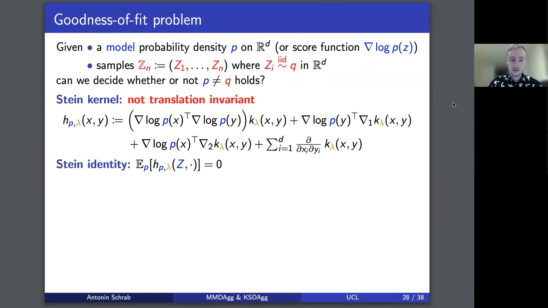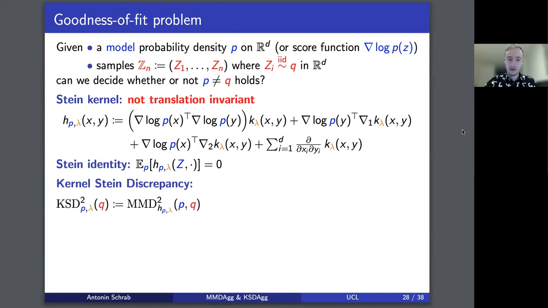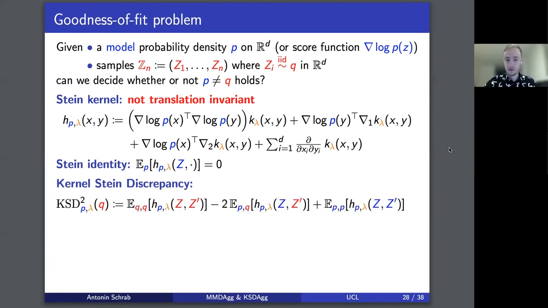The Stein kernel satisfies the Stein identity. This is just that the expectation of the Stein kernel with respect to P is equal to 0. And the kernel Stein discrepancy is simply the MMD with the Stein kernel. So we just substitute into the MMD, which has three terms, the expectations, and because of the Stein identity, those two terms with expectations with respect to P will just be 0.